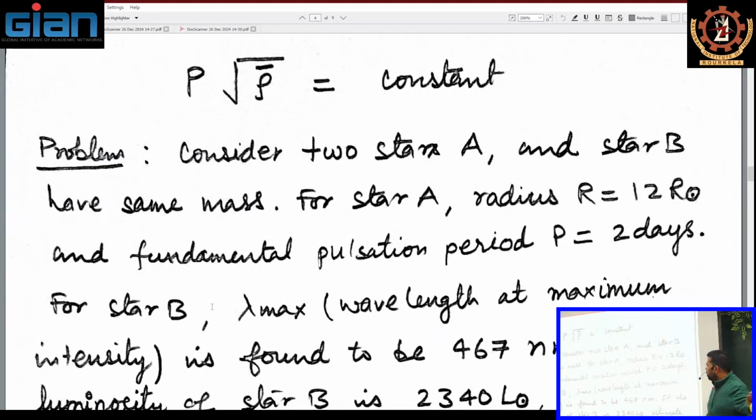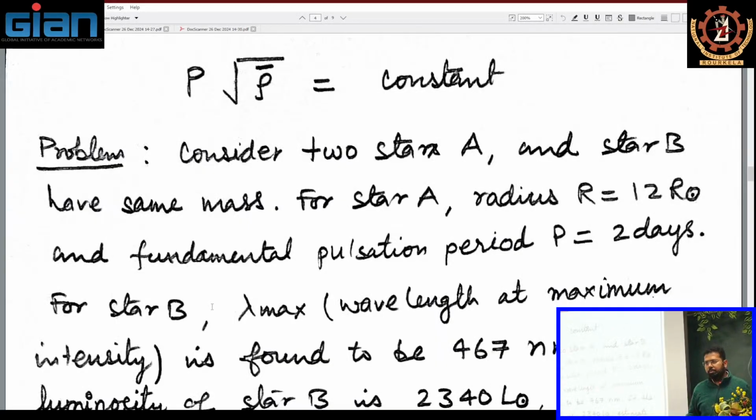Similarly here, R is equal to 12 times the radius of our sun. The fundamental period for star A has also been found, which is 2 days. So for star A we have the radius and the fundamental period.